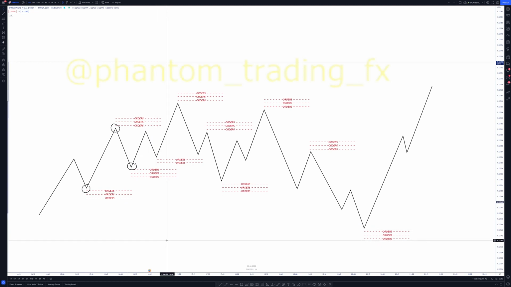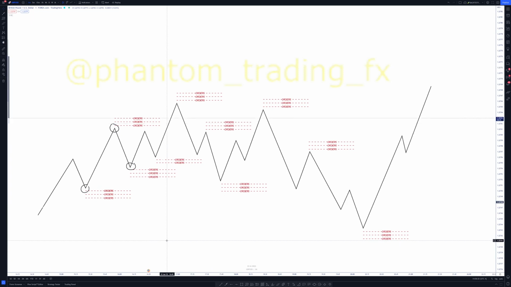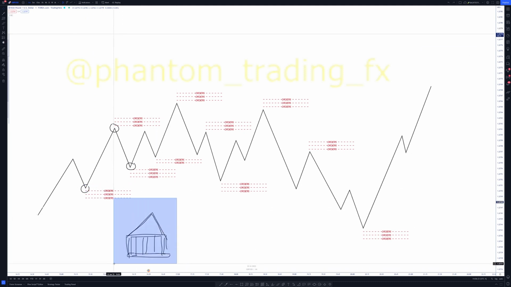The fact is, no matter what position you get into, in a way you are adding to different liquidity pools in the market, right? And typically, those liquidity pools are going to build up based on a particular strategy, or, if it's a swing point, it just makes logical sense, right? If you're buying from a swing low like this, of course, you're going to put your stop loss somewhere around here, right?